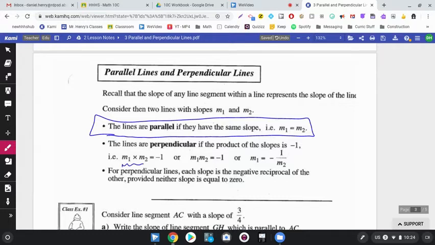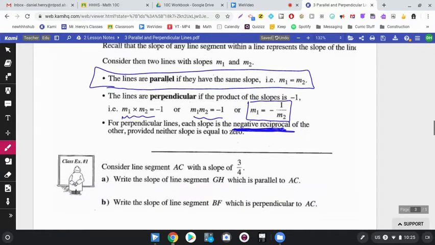So maybe I write it like this or like this, but what's actually easier to look at is the negative reciprocal. And that's this part here. If I have one slope and I want a perpendicular one, I flip it. I don't like to use the word flip, but I flip it and I make it negative. Or negative reciprocal. I think it's easier with practice, so let's go through a few.